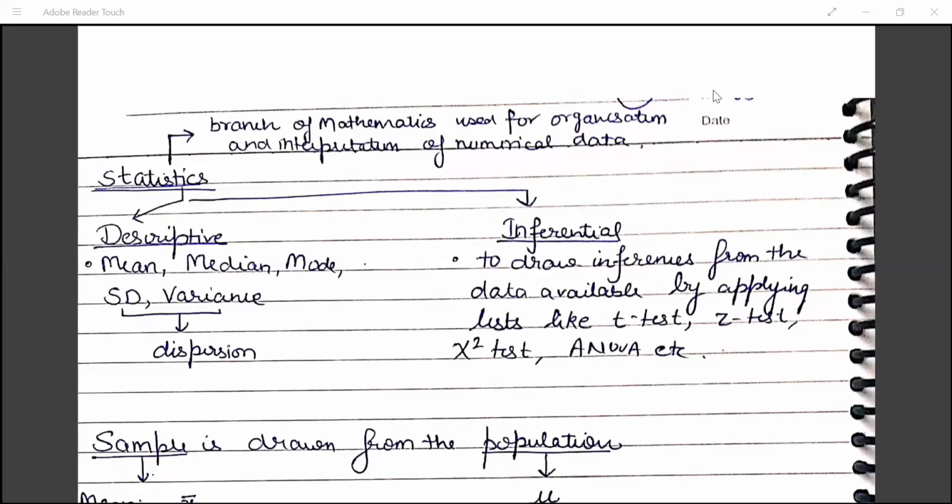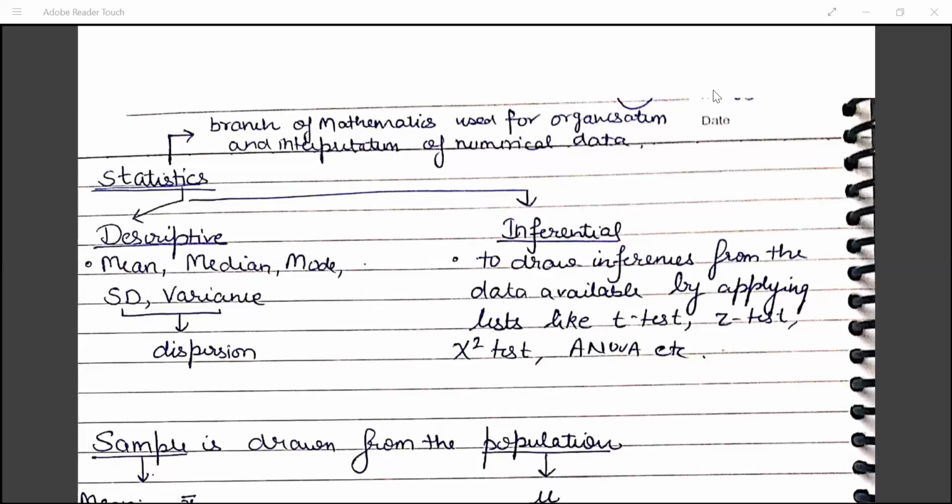Like suppose we have a group of people to whom we have provided some treatment and we want to test whether this treatment is significant or effective or not. So in this case, we have the blood sample, we will calculate all the values and then by applying the test, we will draw the results whether this treatment is effective or not. This comes under inferential statistics.